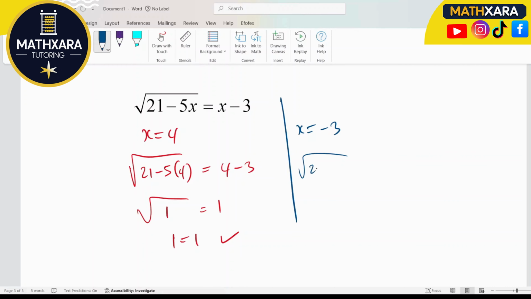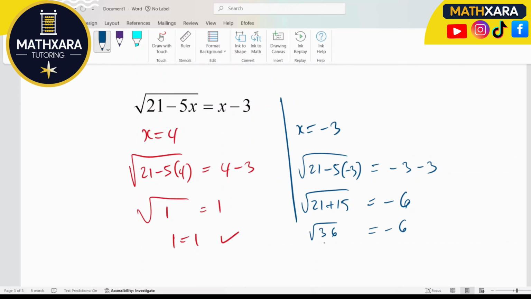We have the square root of 21 minus 5 times negative 3 equals negative 3 minus 3. Now that's 21. Negative 5 times negative 3 gives us a positive 15. And minus 3 is a minus 6. Now 21 plus 15, that's positive 36.